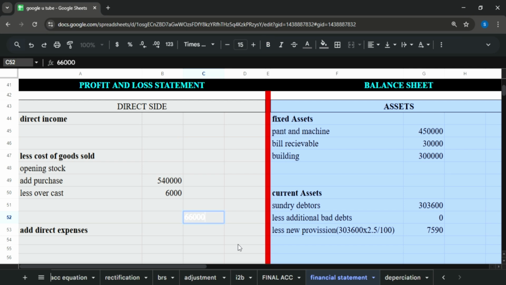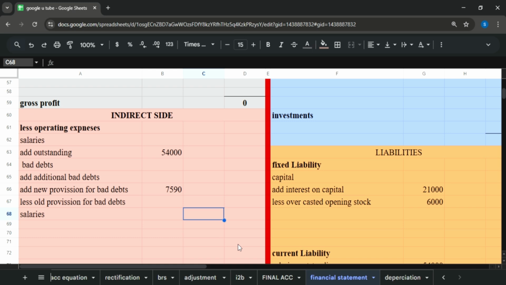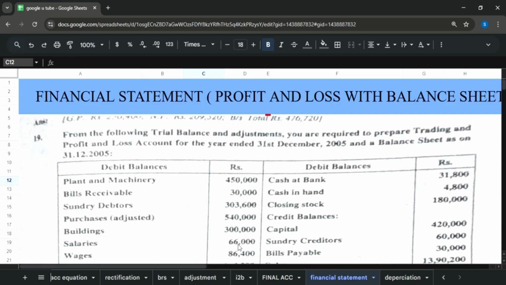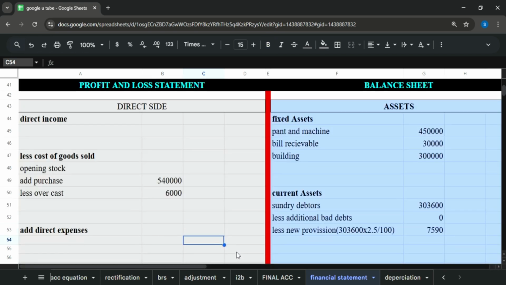All right. After salaries, we have wages 86,400. These were wages.